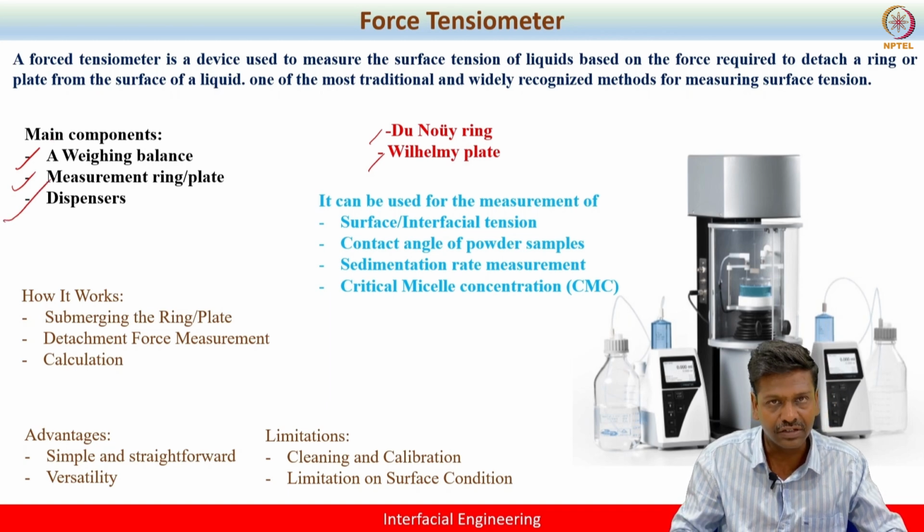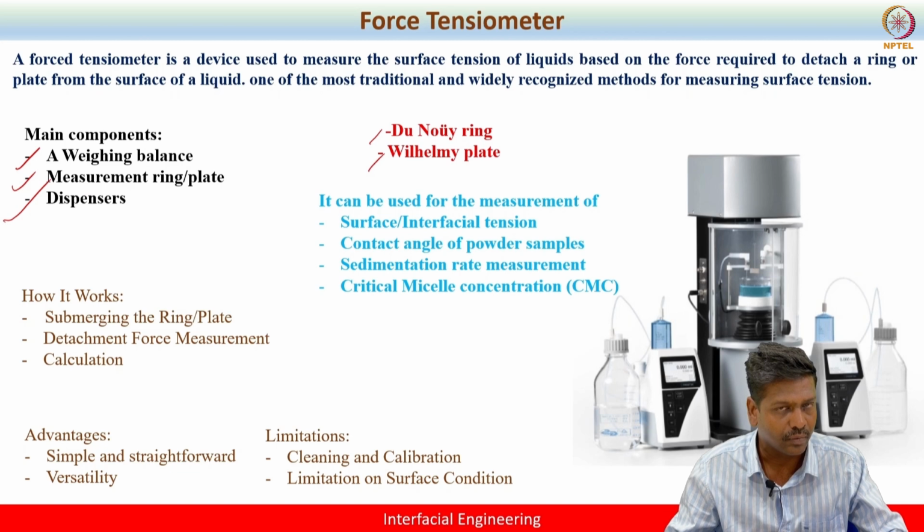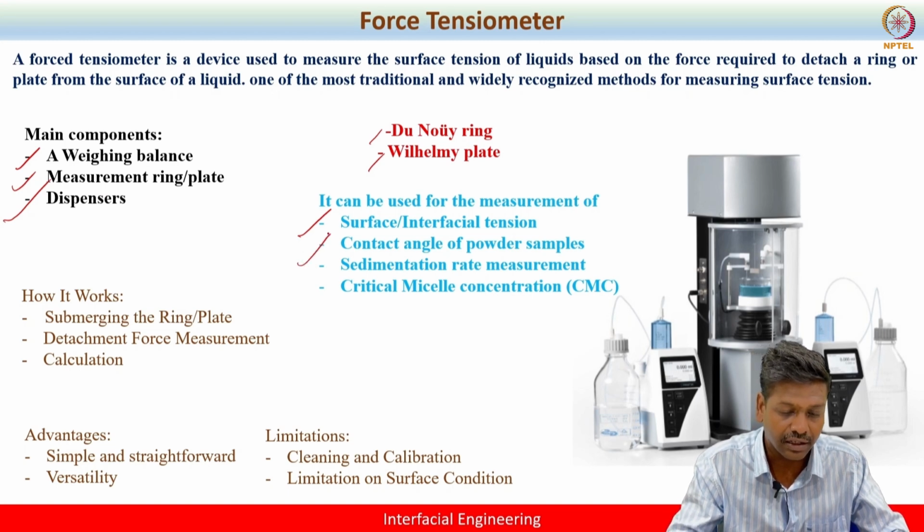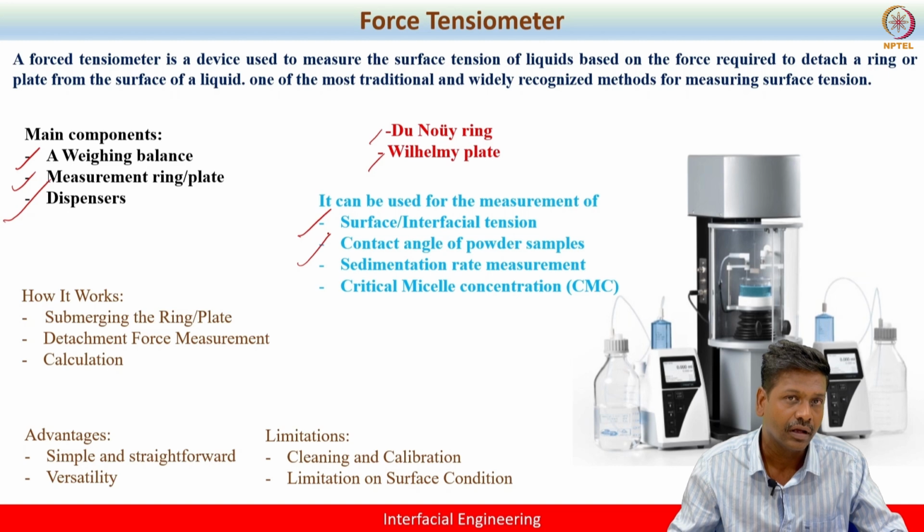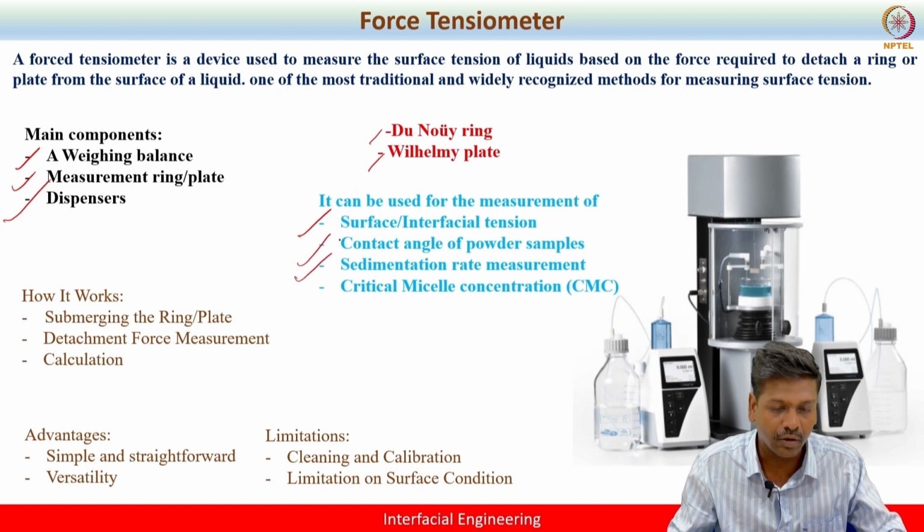Using the force tensiometer, you will be able to perform several measurements. You can measure the surface tension or interfacial tension, and the contact angle of powder samples. Sometimes if you want to measure the three-phase contact angle of powder samples using the Washburn equation, you can perform this analysis using the force tensiometer, and you can also perform sedimentation rate analysis.